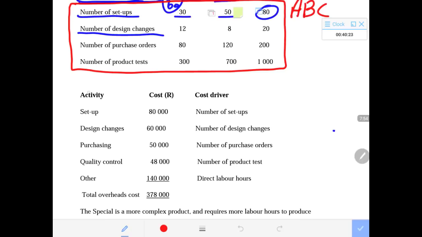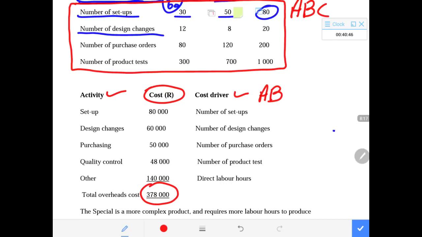And again, the minute you see activity and you see cost driver, then you know that this is ABC. But there's something that is also necessary with regard to the cost.